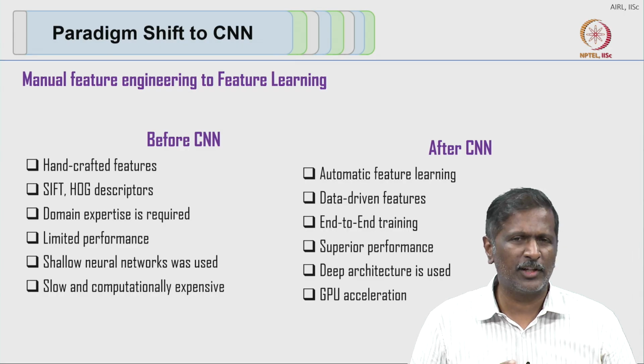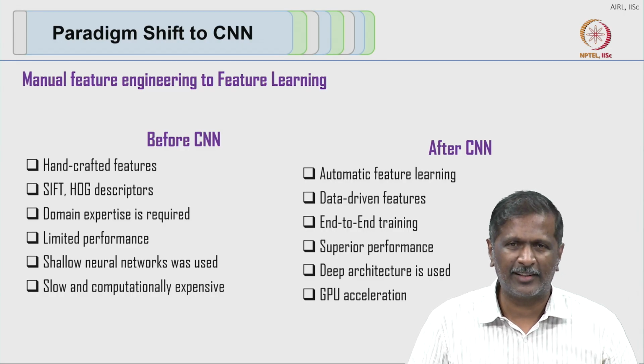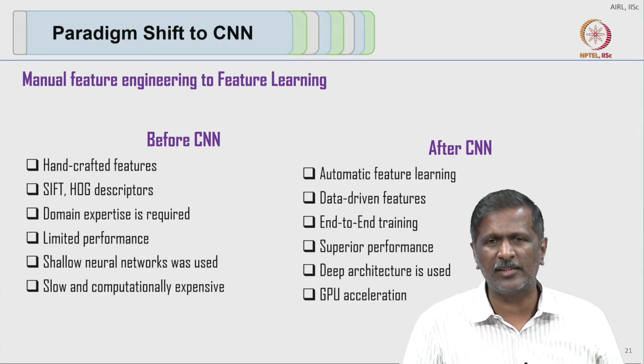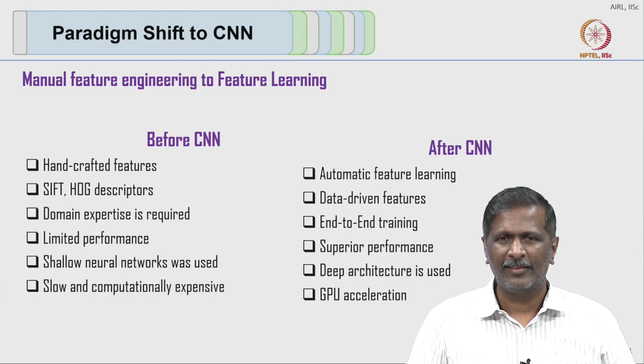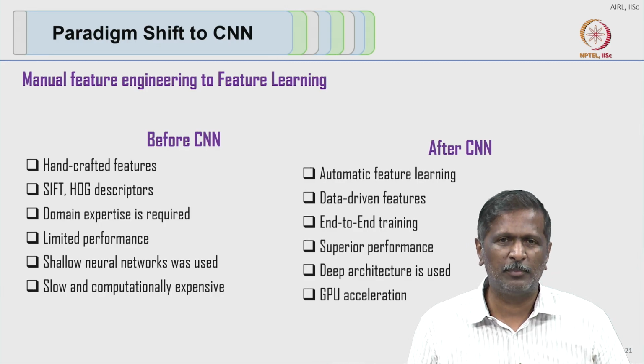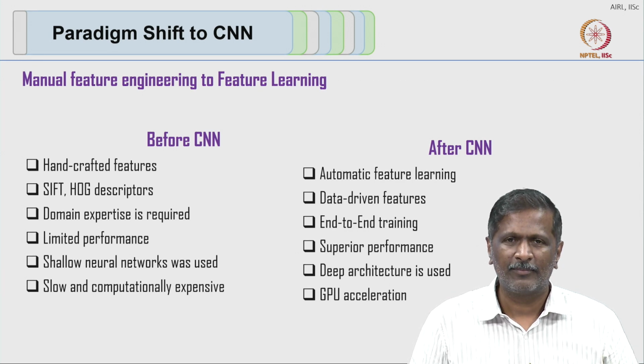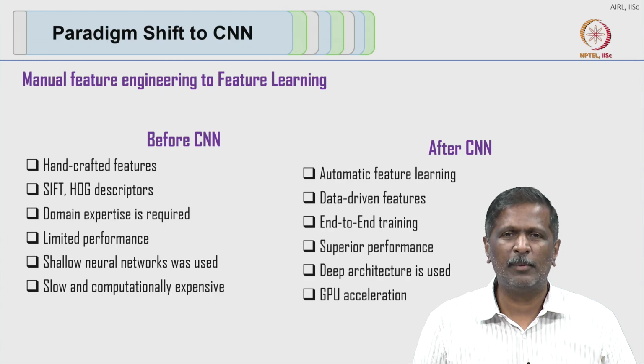Computationally expensive, it's a contradictory statement to discuss, right? What I meant by computationally expensive is that the feature extraction process is independent and the classification process is independent. You extract a feature, build a model, and then you see the performance.